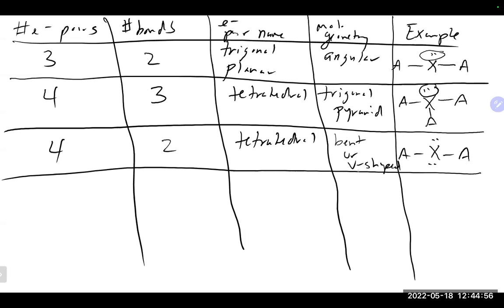Also a bond angle less than 109. So for something like water, it's just like 104-ish in terms of the bond angle. So when you do have non-bonding electrons or dots on your Lewis structure, the molecular geometry name will differ, but the electron pair geometry name will still be the same based on the total number of electron pairs.